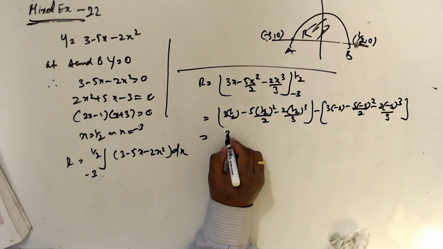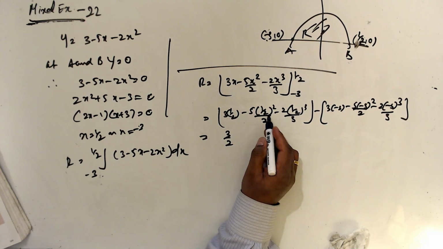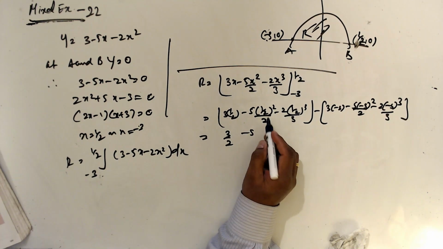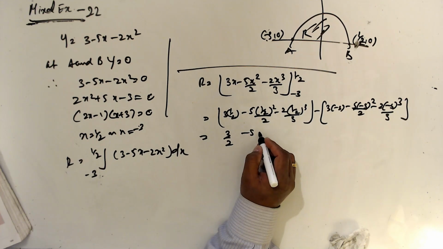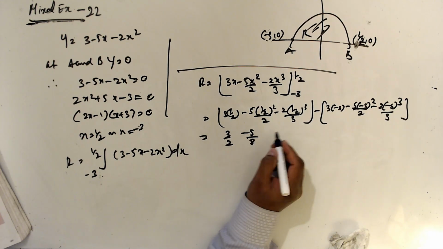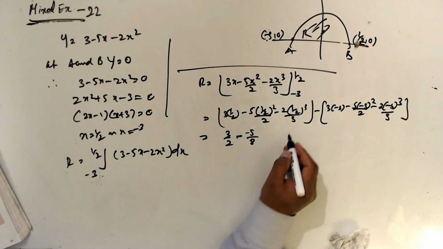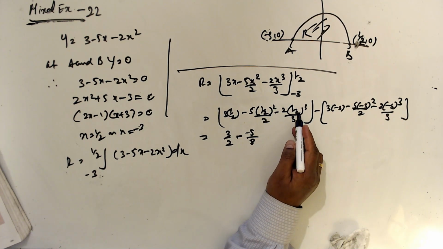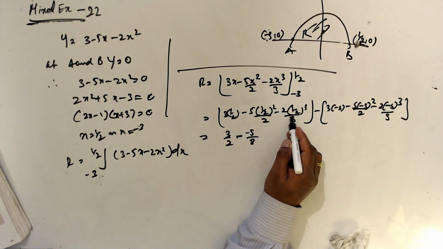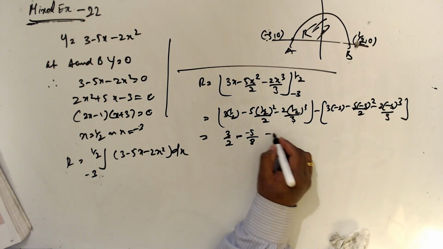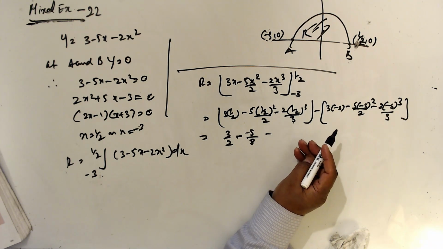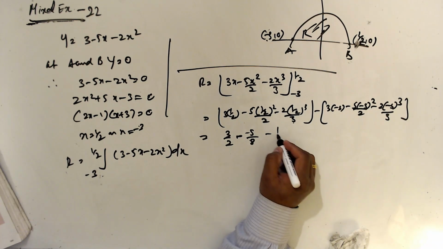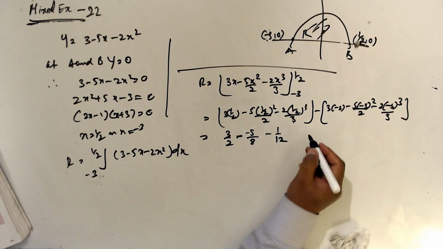So this is 3 over 2. This is 5 times 1 over 2, 1 over 4 divided by 2, 1 over 8, 5 over 8. Then this is 1 over 8 and this is 3 minus 2 over, 1 over 12.